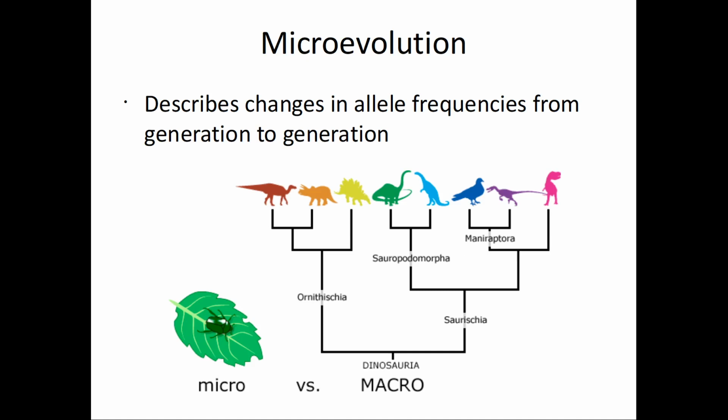In macro, we're looking at the long-term paleontology of the change in species, right? Where did the dinosaurs come from? What came before the dinosaurs? Where did humans come from? All these sorts of questions. That's what we mean by macro. But we're talking about micro, the changes in allele frequencies.